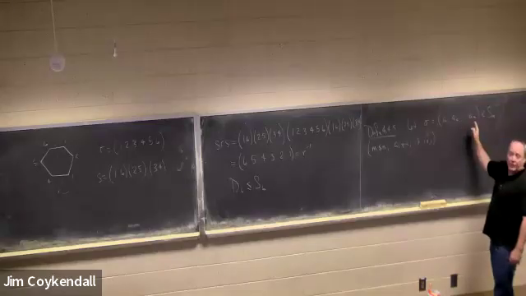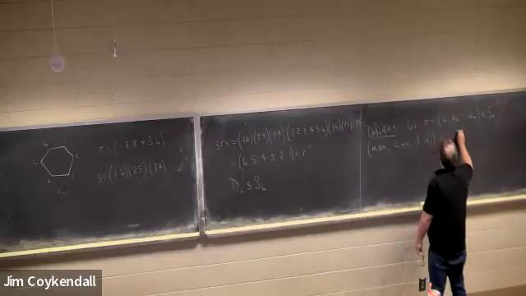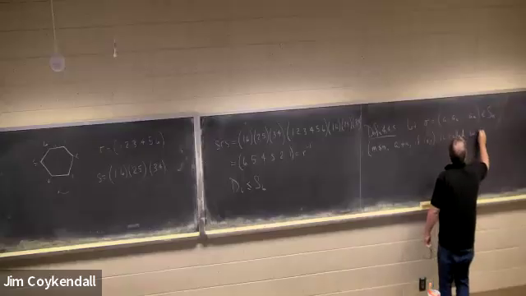So for example, 1, 2, 3, 4, 5, 6, but I'm just saying all of these are different here. This is called an m-cycle.